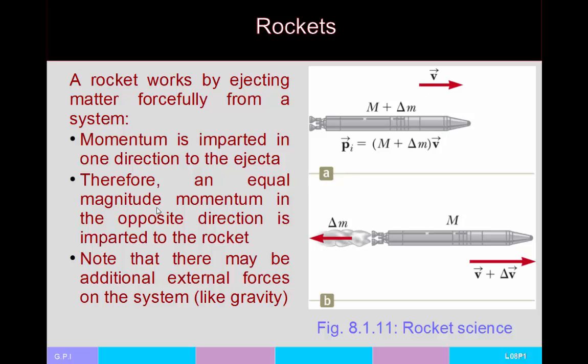And if you need to have momentum be conserved, which you do, then by decreasing the total mass of this rocket, you have to increase the velocity of the rocket to make up for that, so that the total momentum is constant. And of course, you can have some additional external forces on the system like gravity, which will change the momentum.